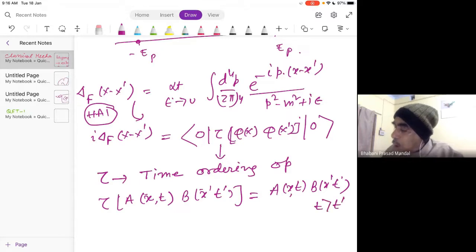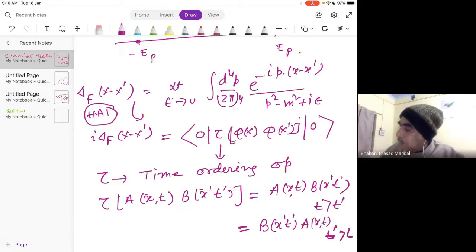The operator which has the larger t will come first, and the operator with the smaller t will go second. And it will be B(x prime, t prime) A(x, t) if t prime is greater than t.